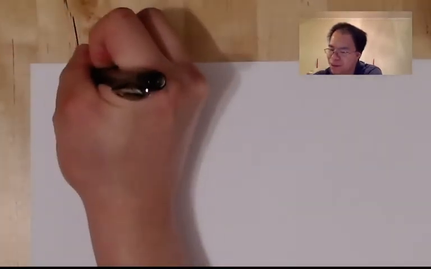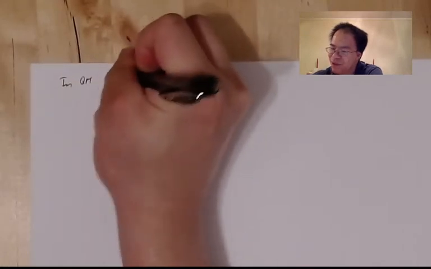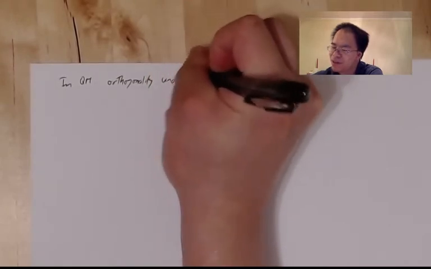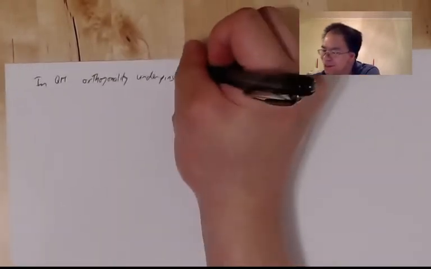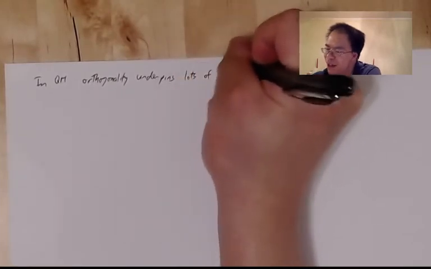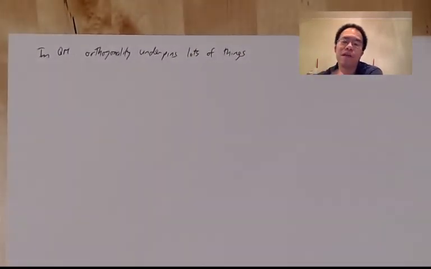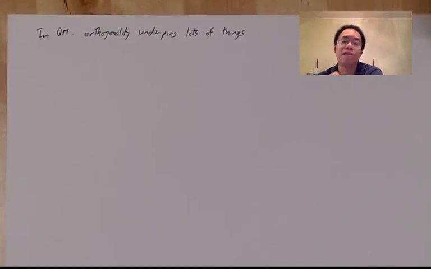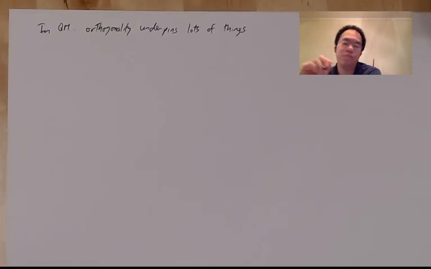So in QM, orthogonality underpins lots of things. And this might be where watching the bonus video for class, I guess it was class 28, might give some insight, because there I went through in detail exactly how orthogonality is a critical step in a couple of the results we've used.